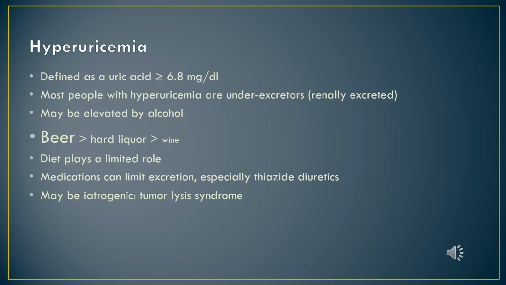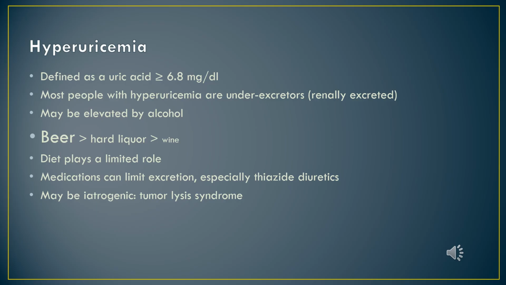Most of the time, people with hyperuricemia either have acquired this because of kidney disease, or it's a genetic issue where their baseline levels just tend to be higher. Alcohol can contribute to hyperuricemia, especially beer, less so for wine.